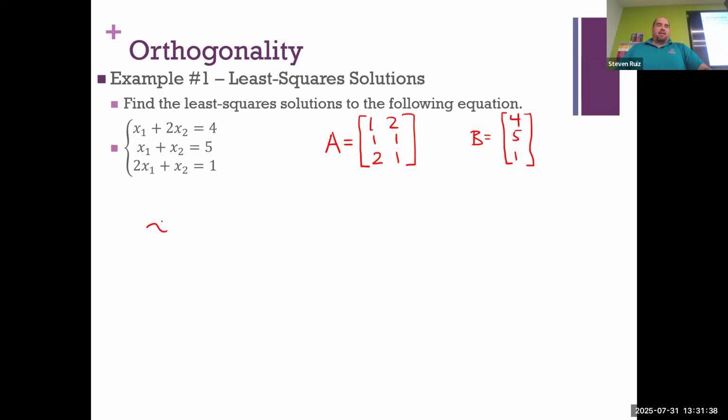So the thing I'm trying to find is this x tilde, my approximate least squares solution to x, which is going to be (A transpose A) inverse times A transpose B. Let's hope we get something reasonable.